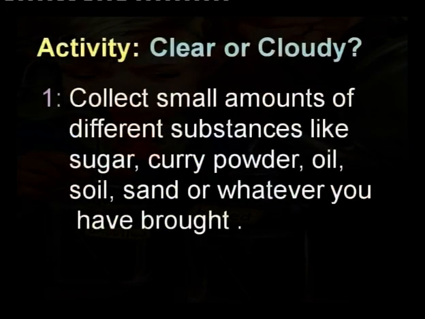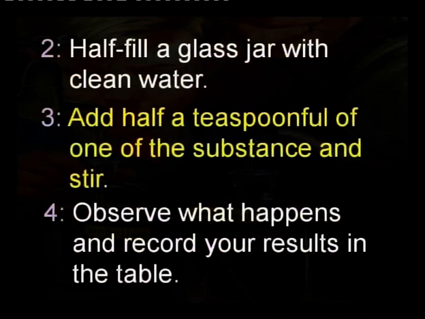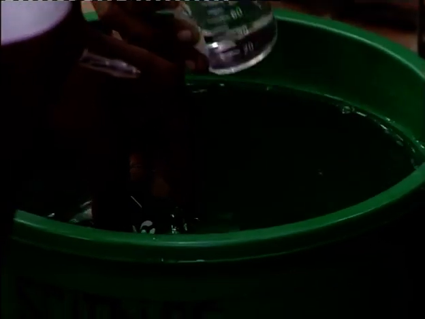Now we are going to do our experiment. What we are going to do now is half fill a glass jar with clean water. So group leaders, you can get the water here. Receiving students, I hope you have water there. You can get your water. Can we get our soil too?